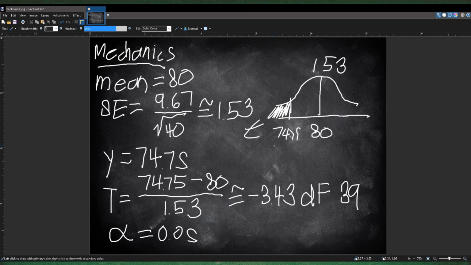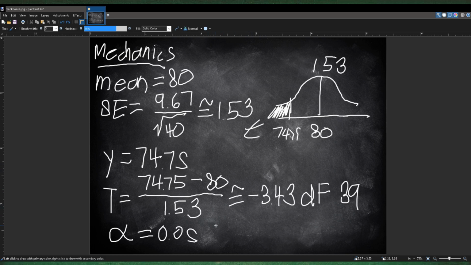And then the upper bound, which is your 74.75, but you actually have to write the t-score for this one. For z-scores, you only write the value, but for t-models you have to write the t-score. So yours is negative 3.43, with degrees of freedom of 39. Okay.